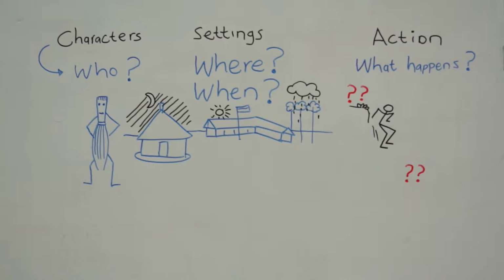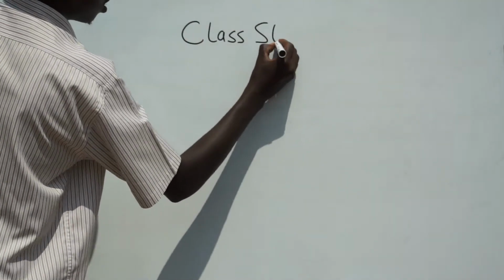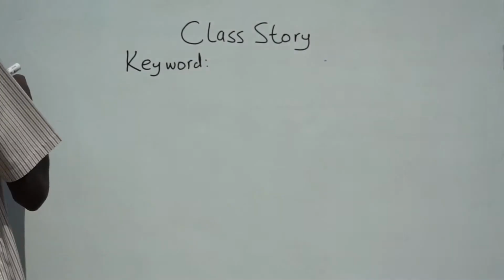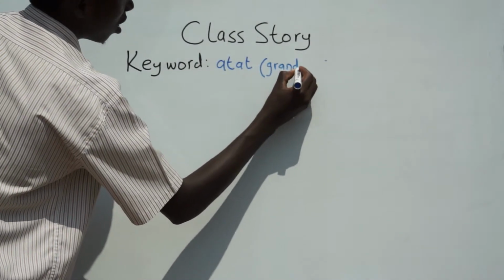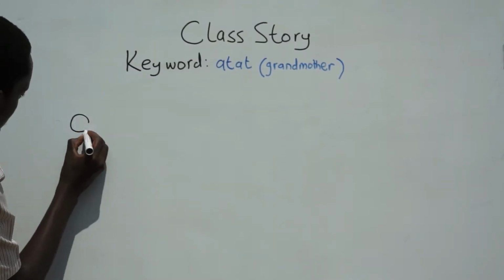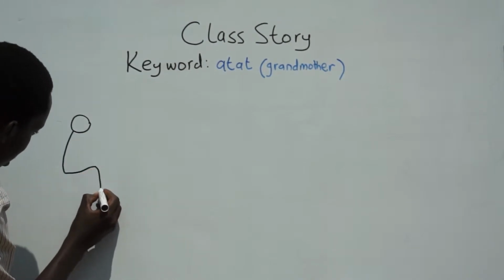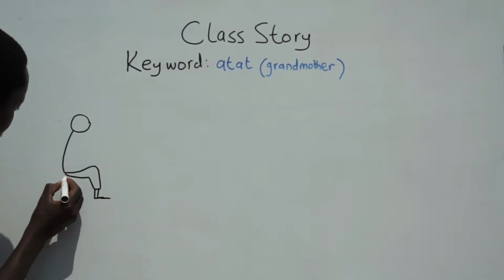Who is in the story? Characters. Where and when does the story take place? Setting. What happens in the story? Action. Now we are ready to write our fiction story about the keyword grandmother. First, who will be the characters in our fiction story?